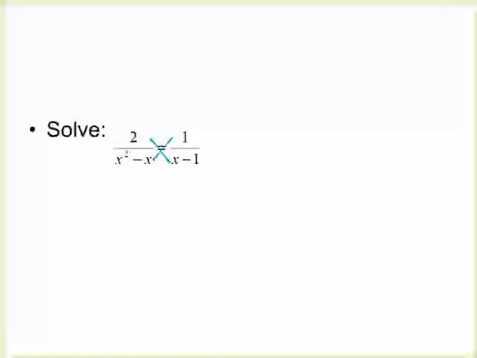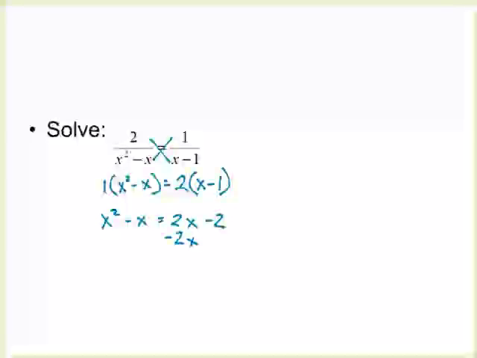So when we cross multiply, we're multiplying those diagonals together. On one diagonal, I get 1 times x squared minus x, and on the other diagonal, I get 2 times x minus 1. Distribute through. And this became a quadratic equation.